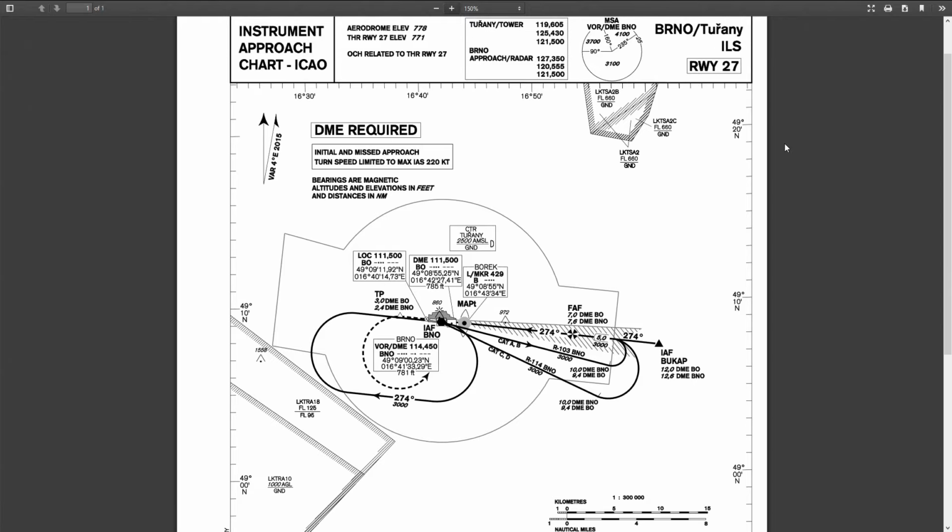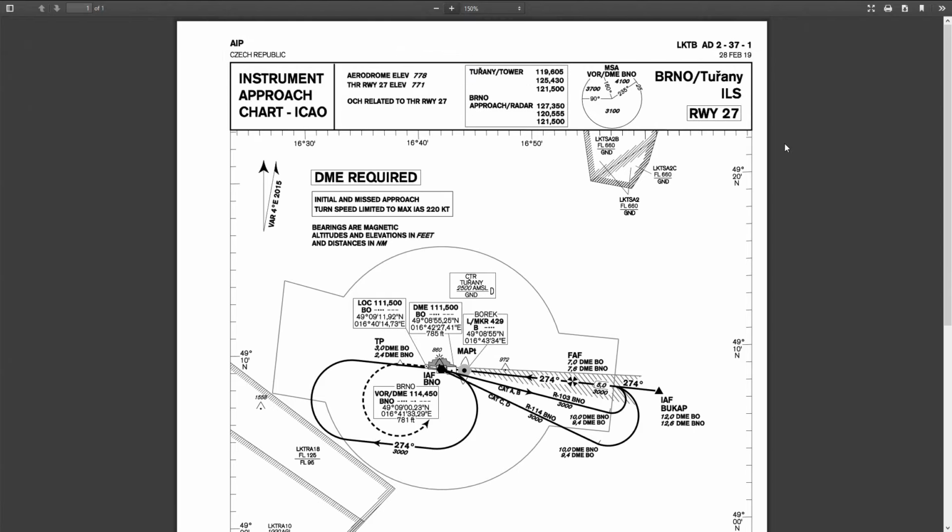At the very top of the page, you see the header name of the file. You have AIP Czech Republic, which is from Aeronautical Information Publication. Then on the other side, you have the name of the chart. You see the ICAO name of the airport.